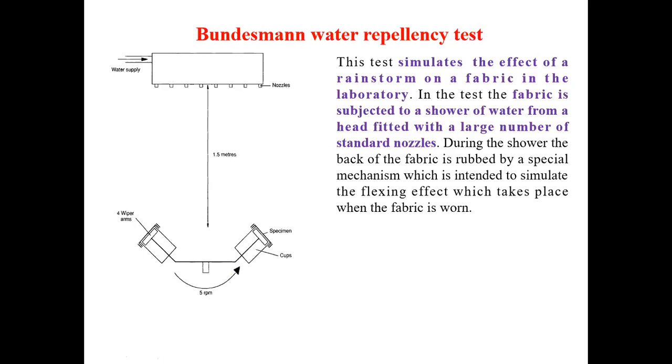Only two cups are visible because it is a two-dimensional drawing, but there are two other cups, and onto these cups the specimen is mounted. During the rotation of this shaft, one after the other, the specimen comes under this water spray.